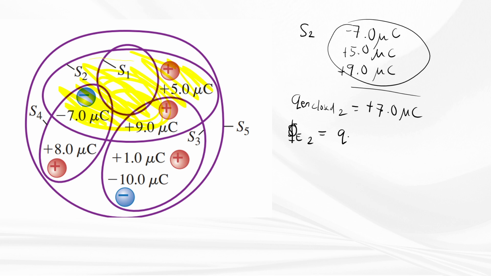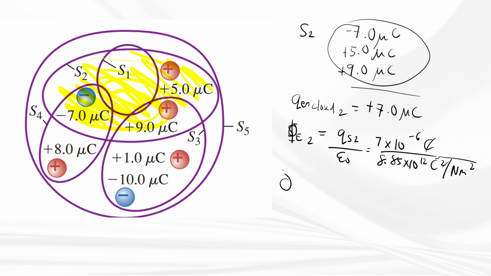So, Q enclosed for surface 2 over epsilon naught. So, I'll put 7 times 10 raised to -6 coulomb over 8.85 times 10 raised to -12 coulomb squared per Newton meter squared. Then, cancel. Okay? So, that is the answer you will get. That is my electric flux inside my surface 2.